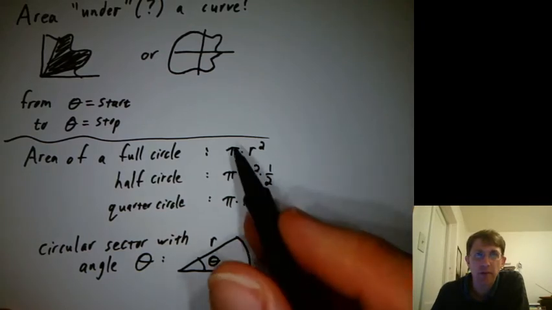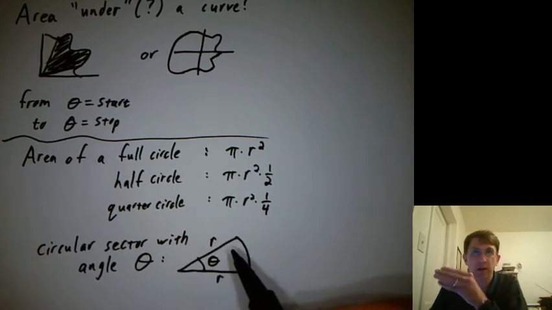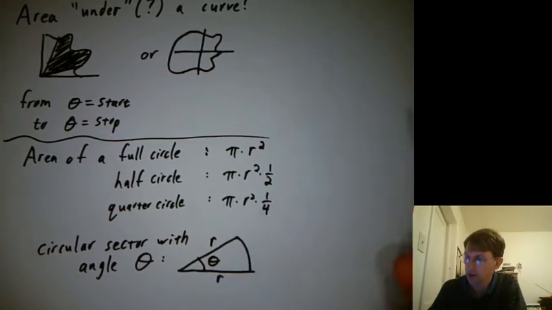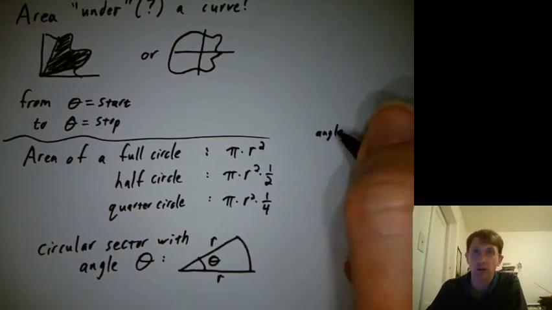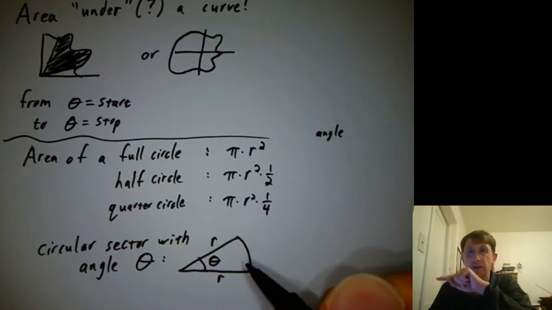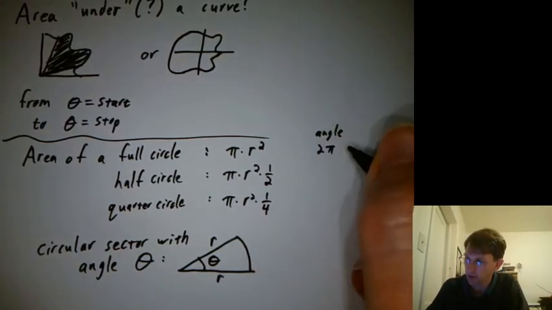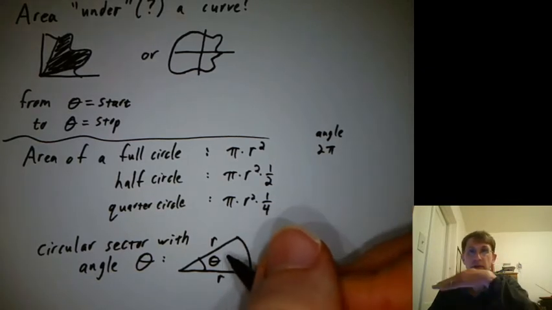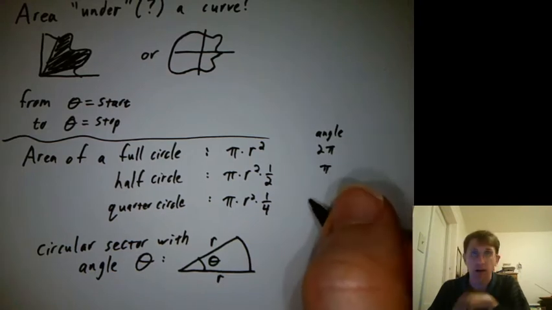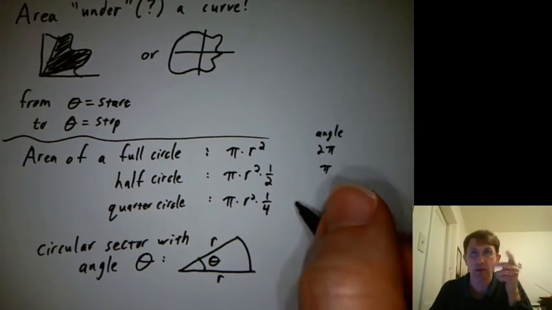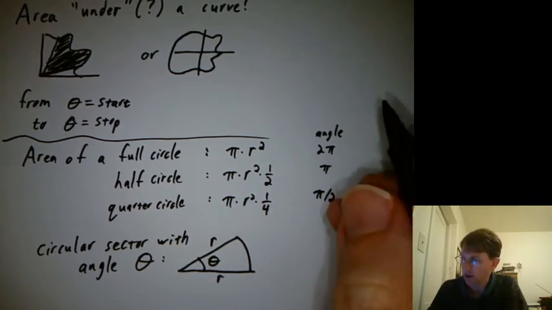So how are we going to go from this idea of a full circle or half circle or quarter circle to some kind of arbitrary angle? Well, let's point out what the angle is here. What's the theta angle for a circular sector that describes a full circle? That'd be 2 pi. How about the theta for half a circle? That would be pi. And how about for a quarter circle? That would be pi over 2, 90 degrees, right?